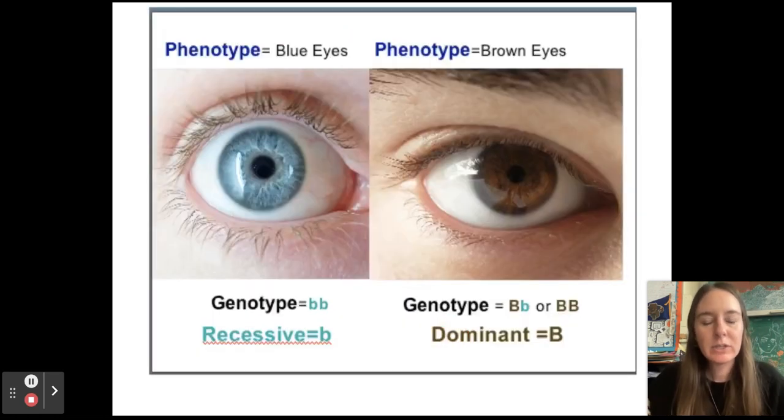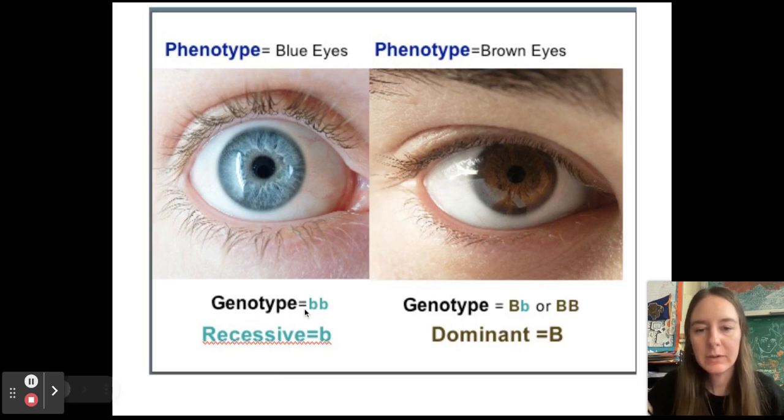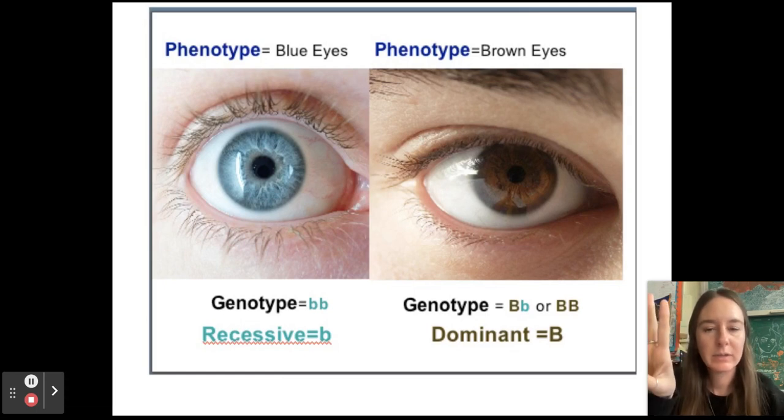Okay, so just another practice with this. Phenotype is what you observe. Here we have blue eyes and brown eyes. But for the genotype, we're going to be using capital letters or lowercase letters to describe what the alleles are on the homologous chromosomes. In this case, we have a lowercase b and a lowercase b. When we use lowercase, we're usually talking about recessive alleles.